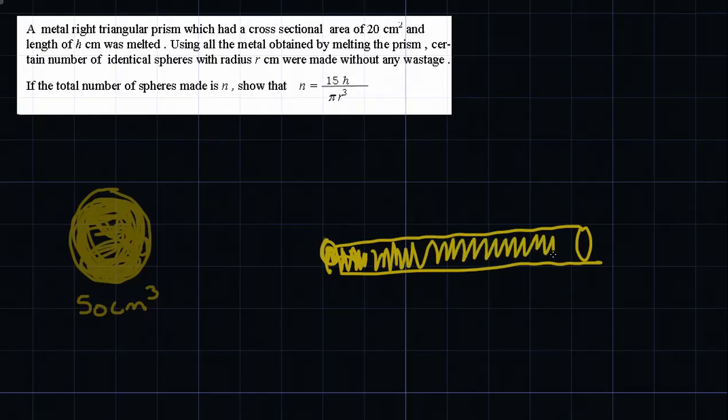So you turned it into something like this. Let's say in this process, while turning the clay ball into a cylinder, there was no wastage. That means none of the clay got stuck to your hand or to the ground, none. Without any wastage, you could convert the clay ball into a clay cylinder.